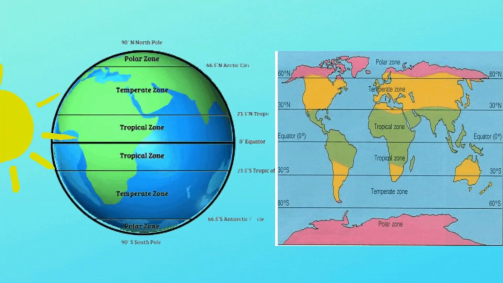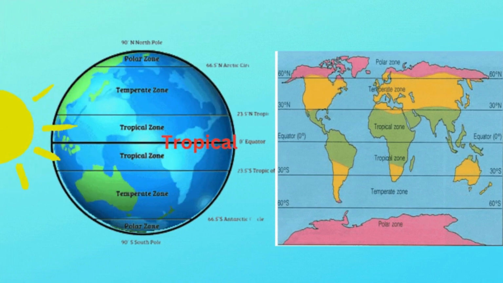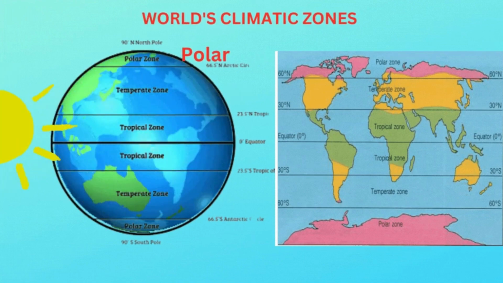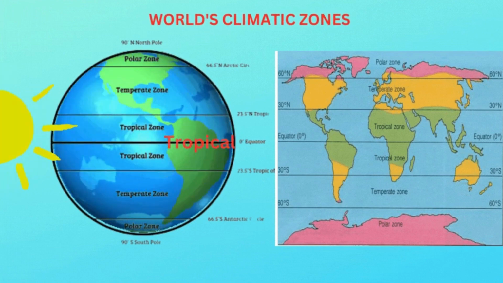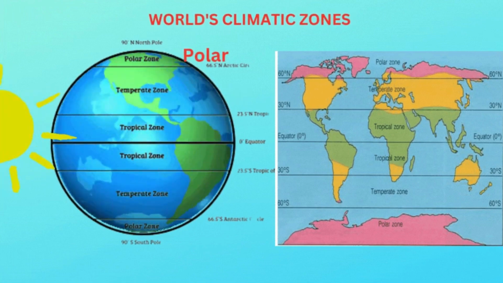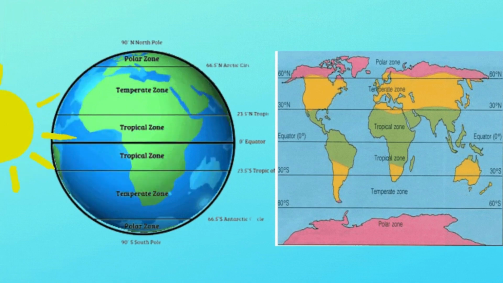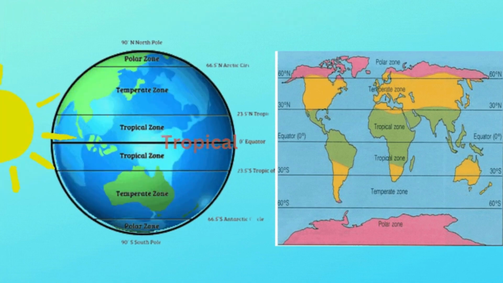The tropical zone is located between the Tropic of Cancer and the Tropic of Capricorn. It is generally hot throughout the year because of its closeness to the equator, which experiences the direct rays of the sun for most of the year.